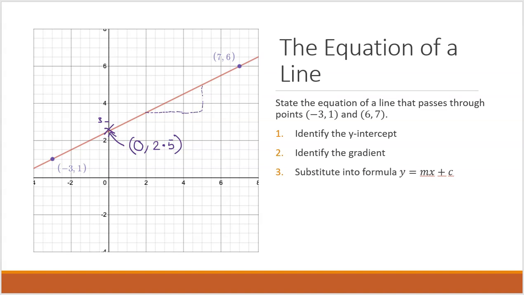So we've gone across 1, 2, 3, 4, 5, 6. So we've got a run of 6, and we've got a rise of 1, 2, 3.